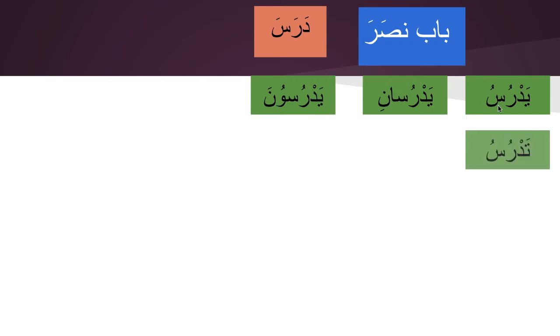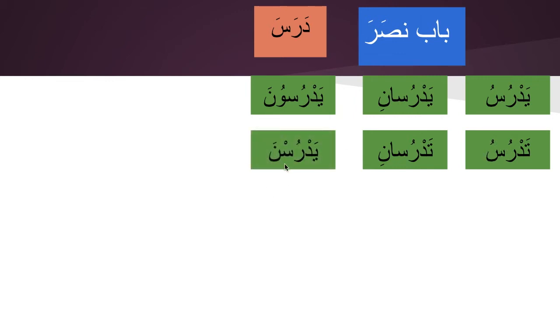And hiya tadrusu. Again there is nothing attached, so it is mustatir. When it is mustatir, we say it is estimated to be hiya. Then tadrusani, the fa'il is alif muthanna. And for hunna, we know that the lam kalima will get sukoon, and then here we get yadrusna.